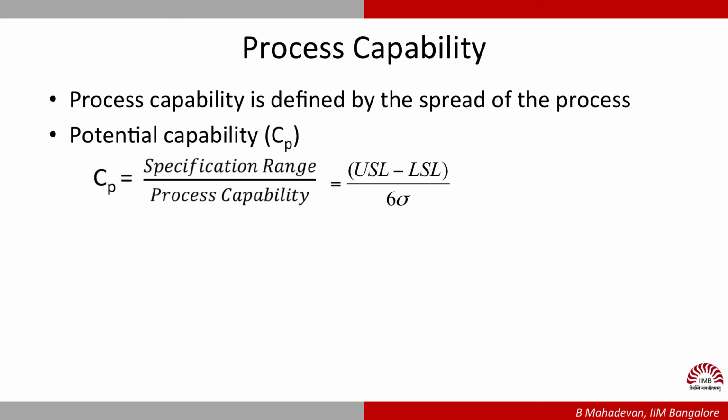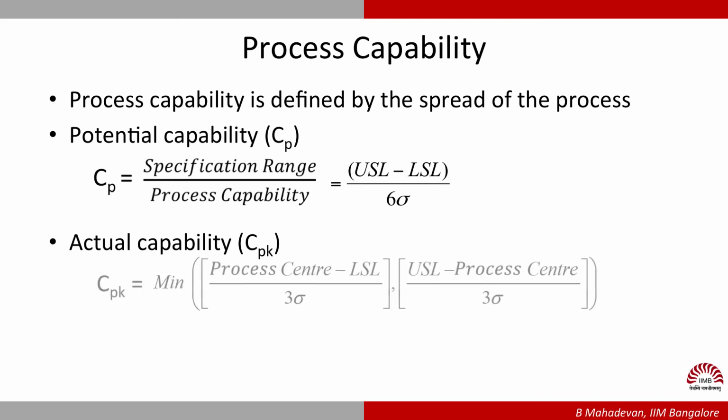The 6 sigma are the plus or minus 3 sigmas that we are talking about. There is a third which is called actual capability. It is indicated as CPK, and that takes into consideration the extent to which the process has deviated or offset from the target.